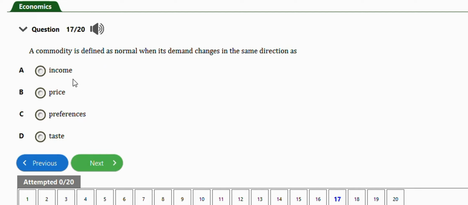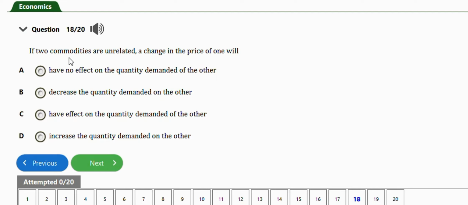Okay, the same direction as income, option A. Right, next question is this one. It says if two commodities are unrelated, a change in the price of one will have no effect on the quantity demanded of the other, decrease the quantity demanded of the other, have an effect on the quantity demanded of the other, increase the quantity demanded of the other. So the right answer is that if two commodities are unrelated, a change in the price of one will have no effect on the quantity demanded of the other.